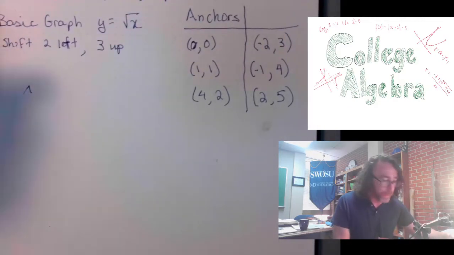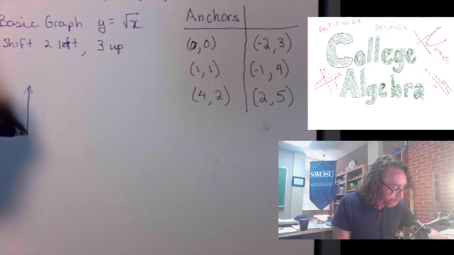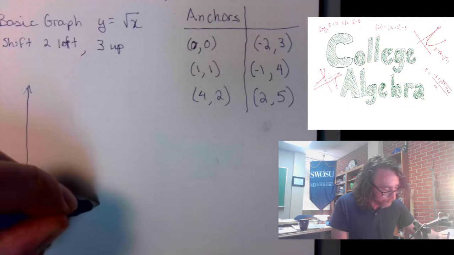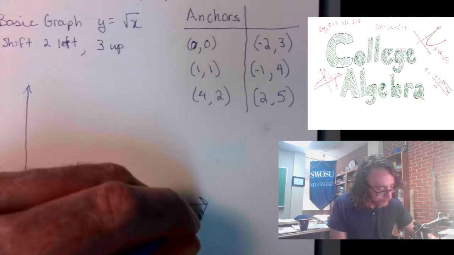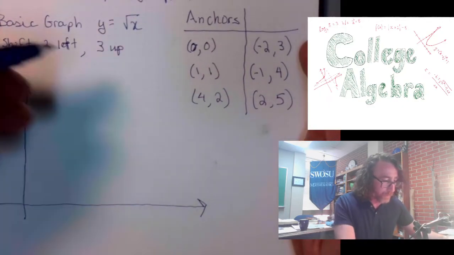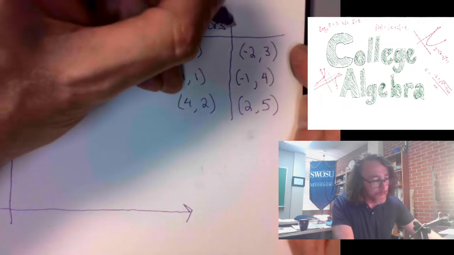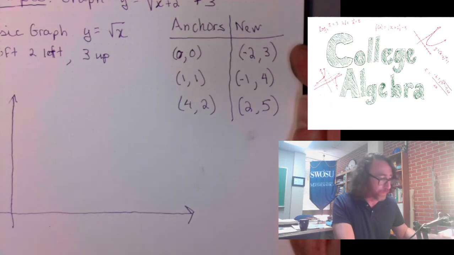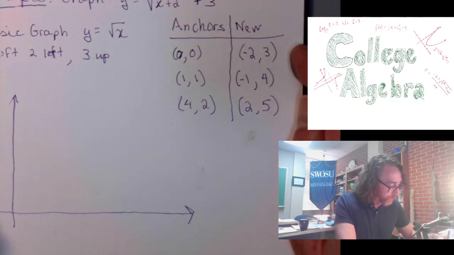I'll put it over here. So let me get started with these points here. These are the new points. These are where the anchor points got moved. Negative 2, comma 3. So negative 2, 1, 2, 3.